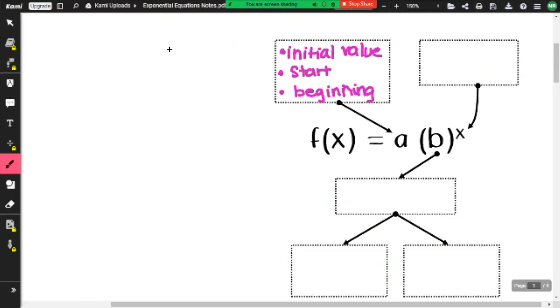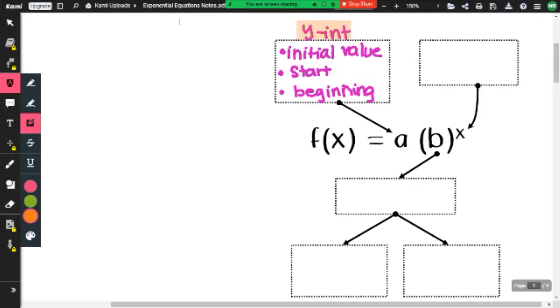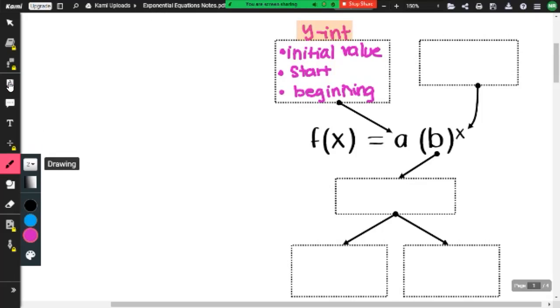That describes what though on a graph? The y-intercept. That does describe the y-intercept. So the initial value, once we transfer over, tomorrow we're going to be looking at the parts of the graph, not necessarily trying to find equations from it, but just looking at the parts. Just keep that in mind. Your initial value, your starting point, is your y-intercept.